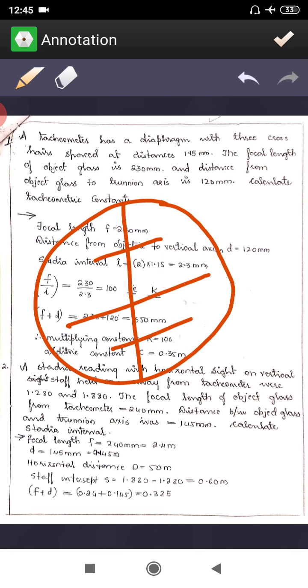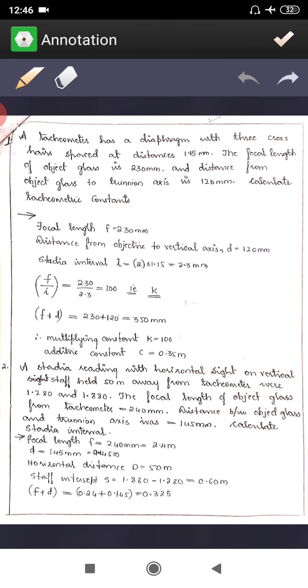You will be having two sets, so it is going to be 1.15 plus 1.15. So this is total I, the upper stadia interval and lower stadia interval together, I. So here we are going to get that I, and then we are going to solve it.